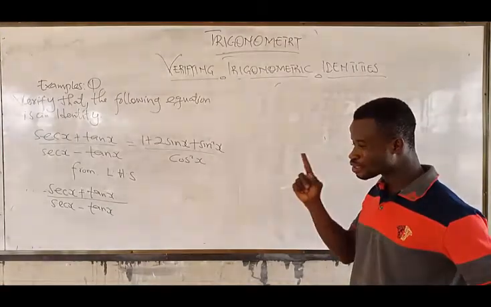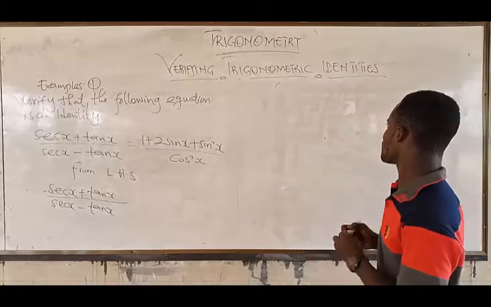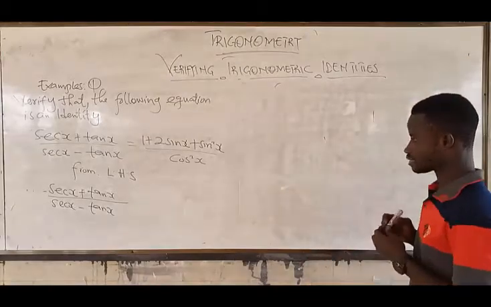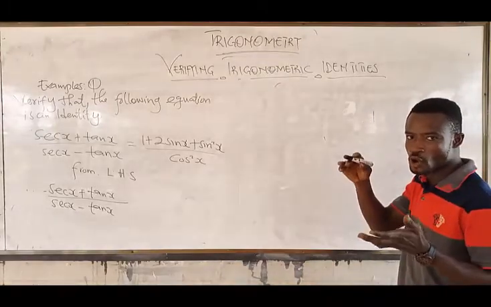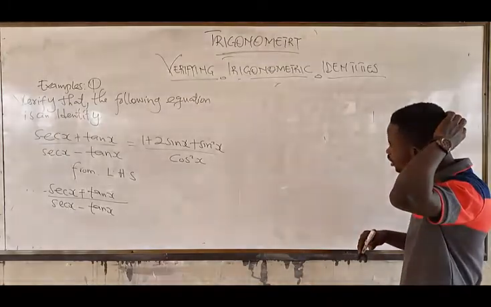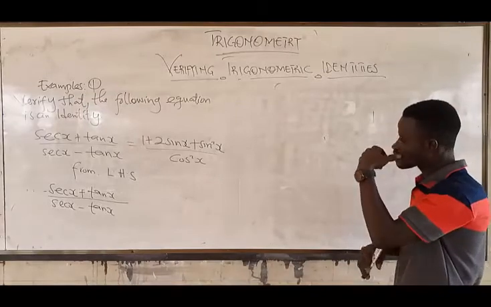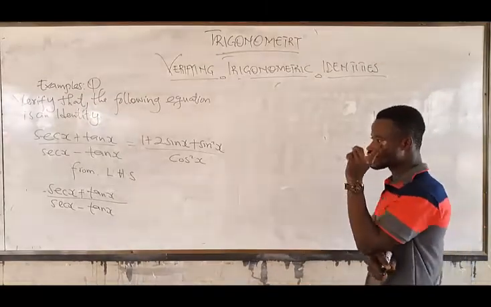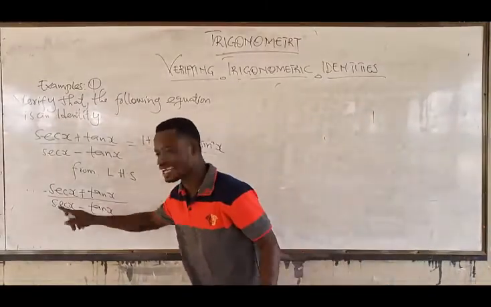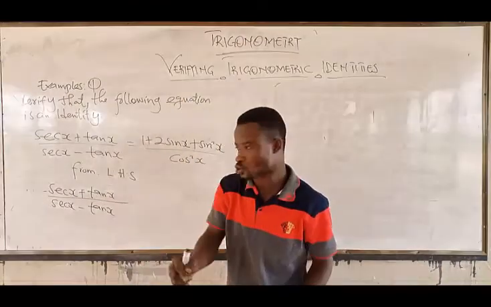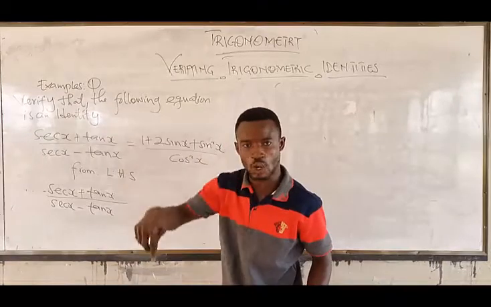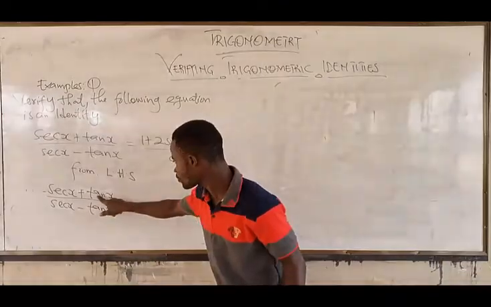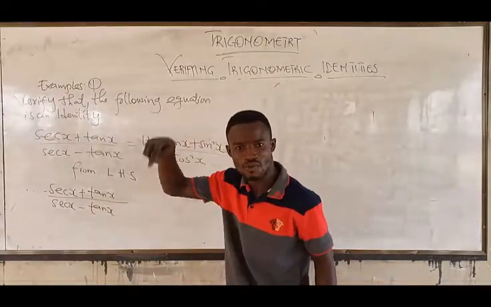We multiply by 1, but in a quotient form. Now watch: sec is the same as 1 over cos, and tan is sine over cos.